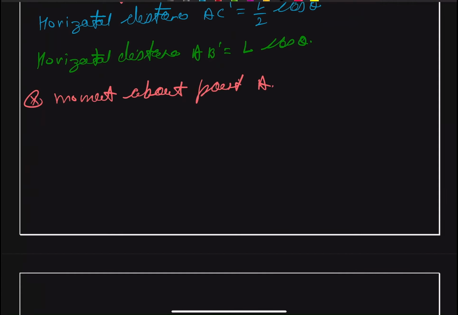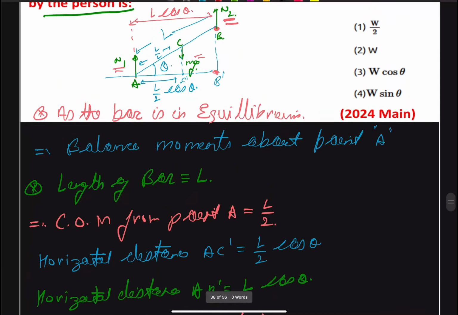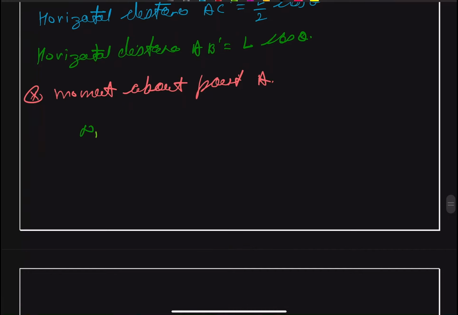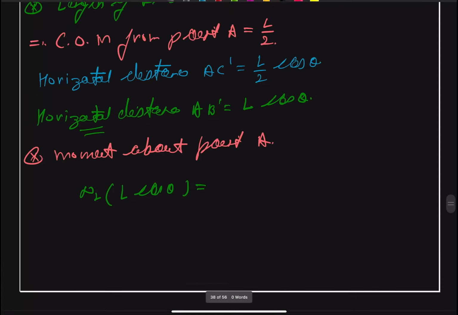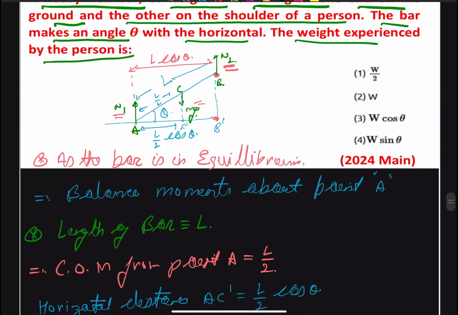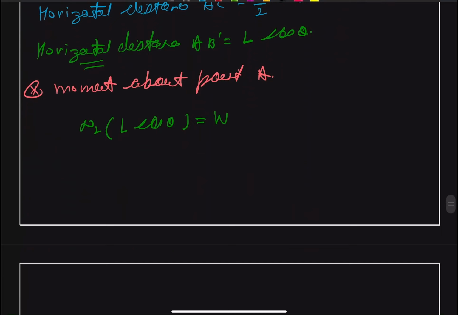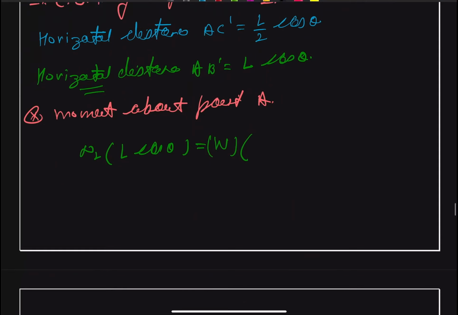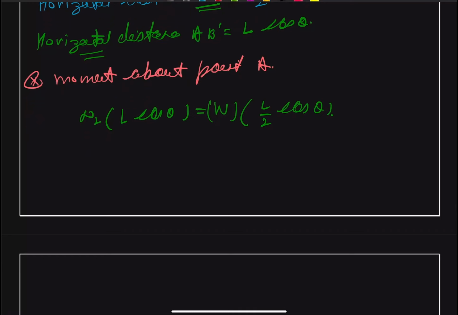Therefore we can write that this is our N2 multiplied by the perpendicular distance, in this case the horizontal distance, that is L cos theta, will be equal to mg, which in this case is W, so let us replace mg by W, and the perpendicular distance is AC prime, which is L by 2 cos theta.